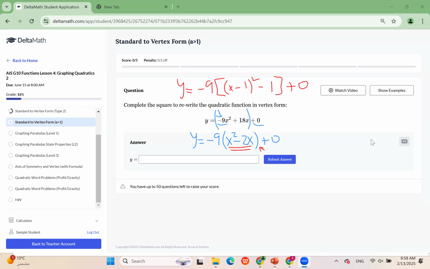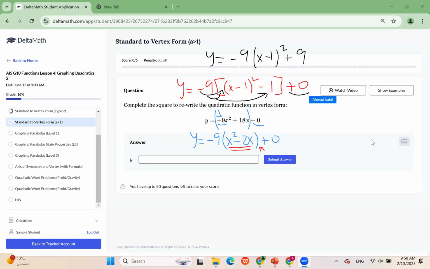inside the square brackets. Then we distribute the negative 9 beside the bracket here, not inside, just outside of the bracket, and we multiply it by the negative 1 as well. So we get y equals negative 9 x minus 1 power 2 plus 9. And this is going to be our final answer.